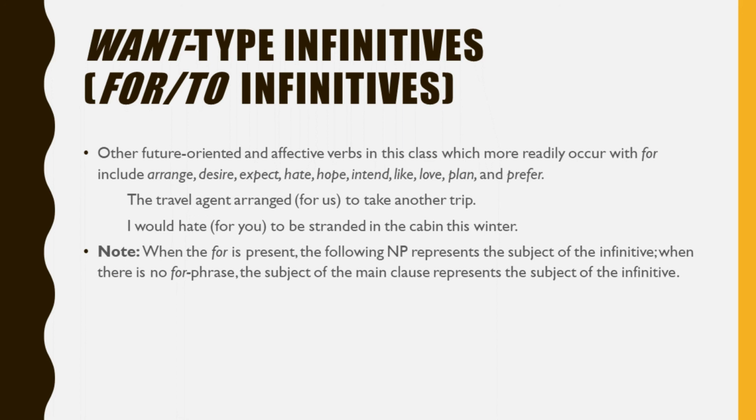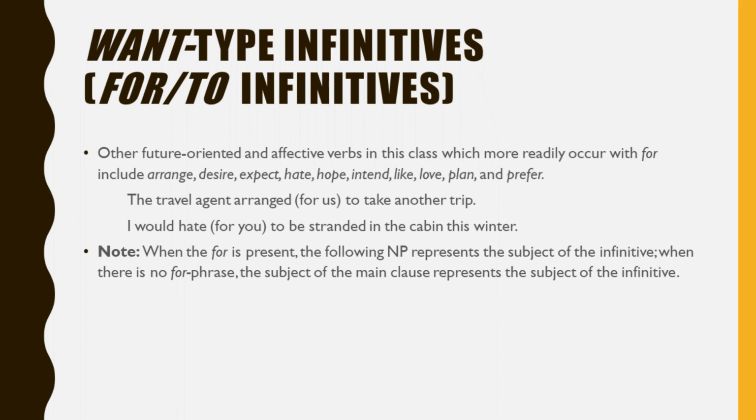The subject of the infinitive will, of course, vary depending on the presence or absence of the for complementizer. When the for is present, the following noun phrase represents the subject of the infinitive. For example, in the sentence above, the travel agent arranged for us to take another trip. So the for us to take another trip is called the subject of the infinitive.